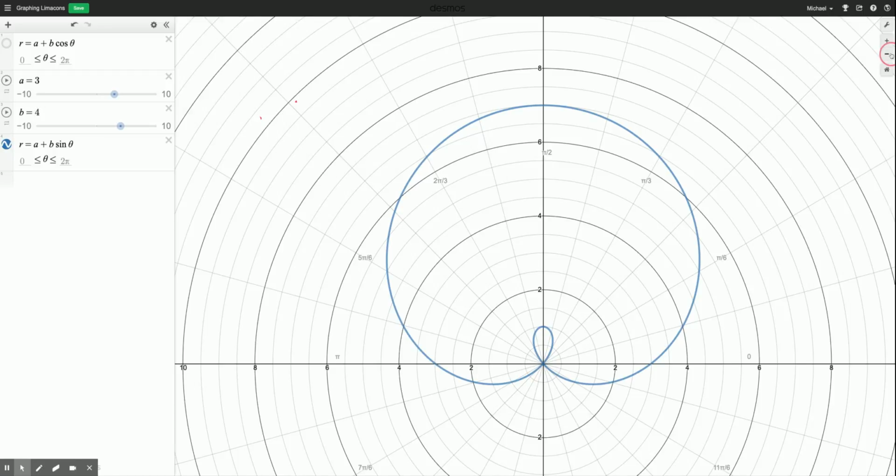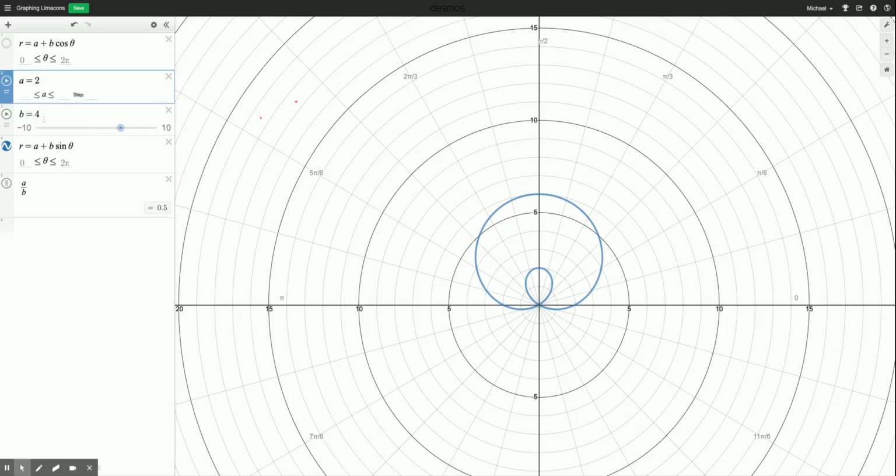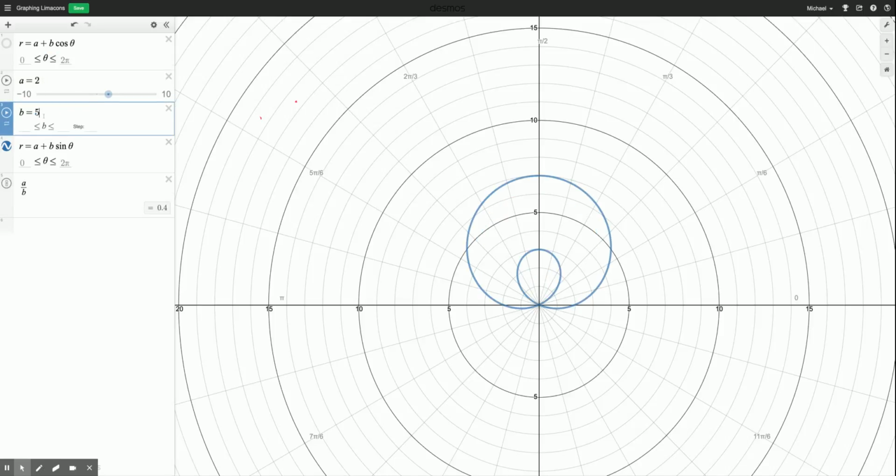Now, what if I made it where, again, a over b is less than 1. If you forgot, I could also do a over b to show you that it's less than 1. I can make this 2 and then make this a 5.